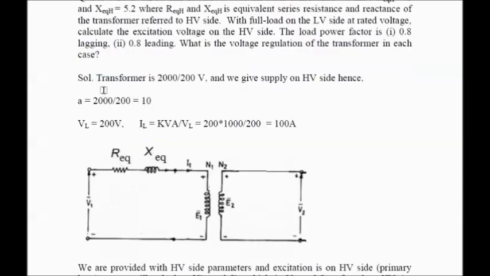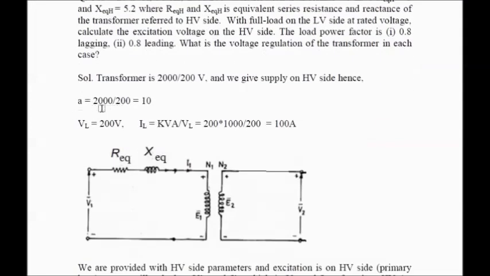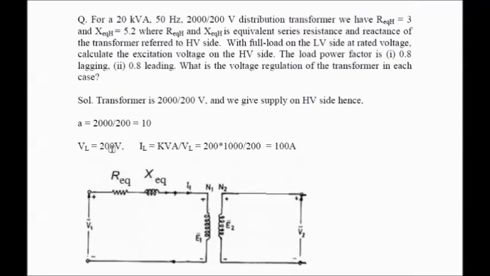Let's solve the problem. The transformer given is 2000/200, hence a will be 2000 divided by 200, or N1 upon N2 equals V1 upon V2, and here V1 is VH and VL is V2. So a is 2000 upon 200, that is 10. Also VL is 200 because we are given full load on the low voltage side at rated voltage.